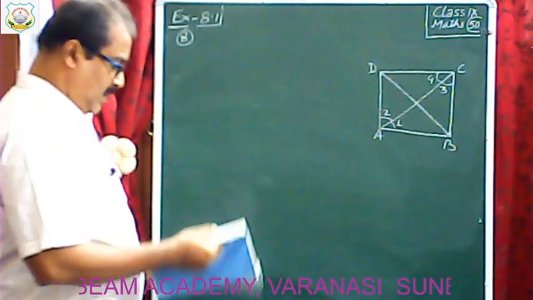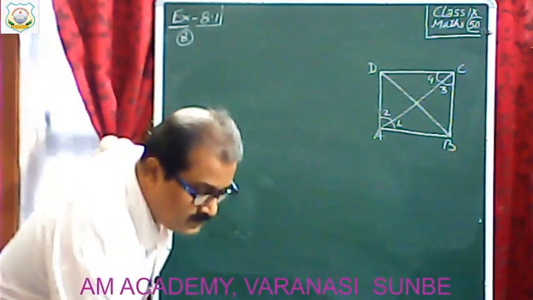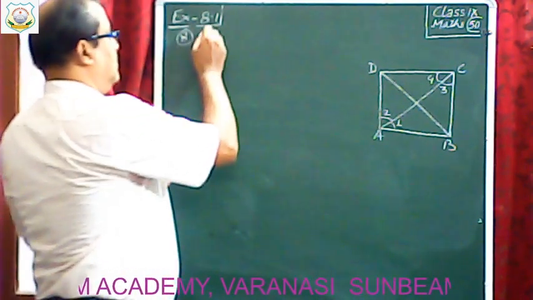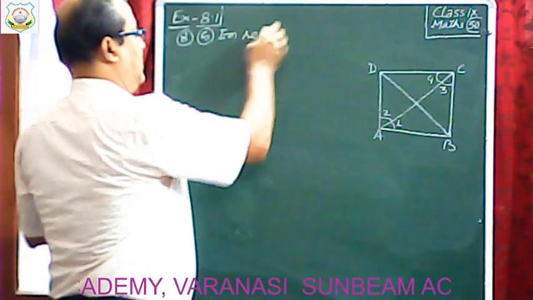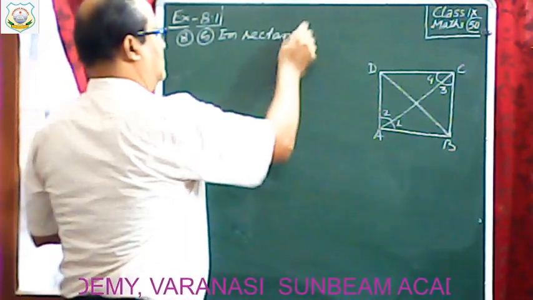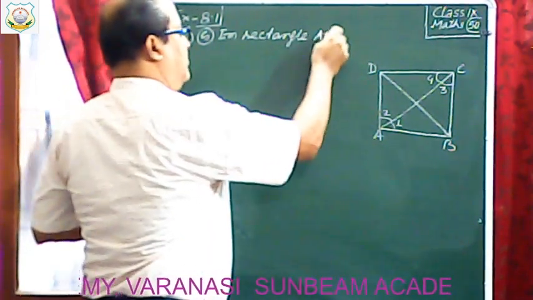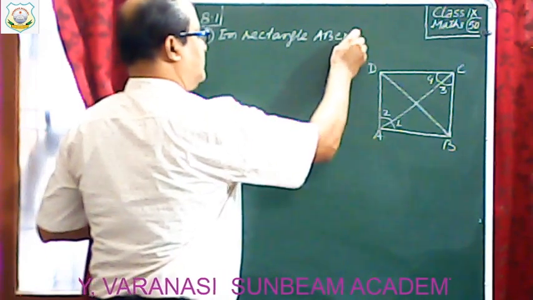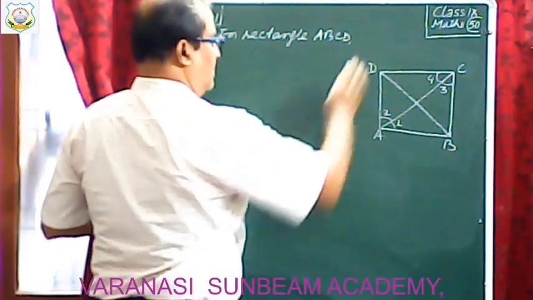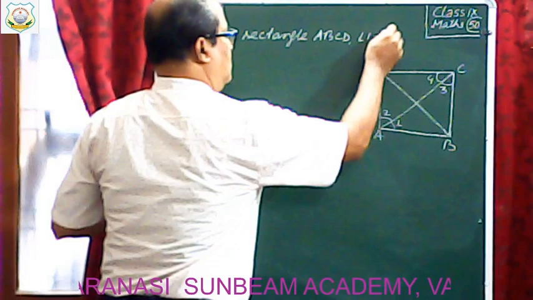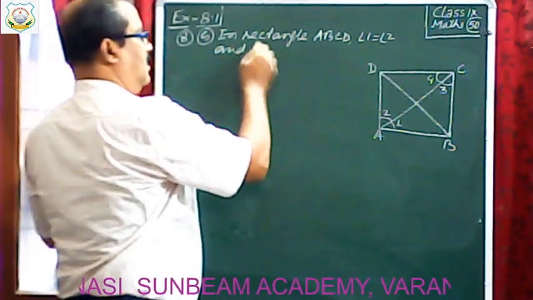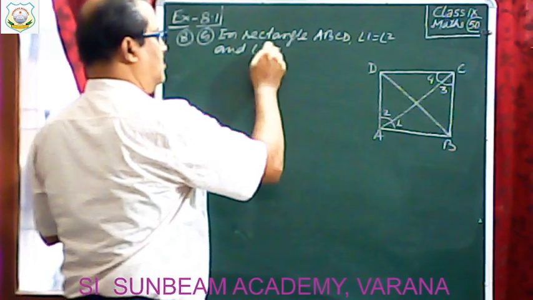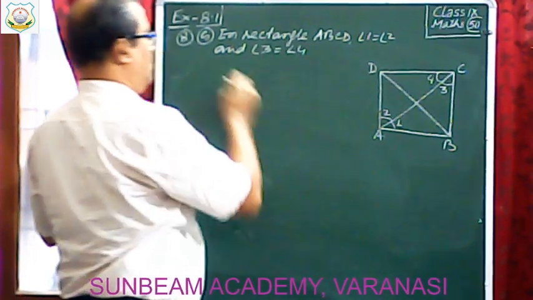So this is the given part. Given in rectangle ABCD, angle 1 equal to angle 2 and angle 3 equal to angle 4.